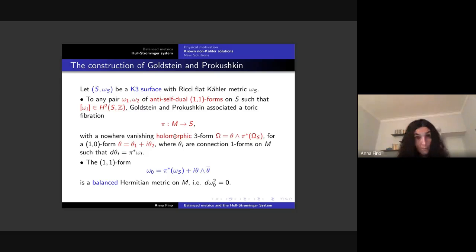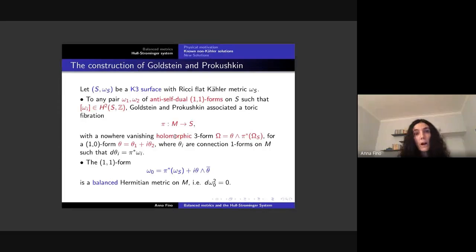So let's review the construction of Goldstein and Prokushkin. We start with a K3 surface S and omega S, a Ricci-flat Kähler metric. Then consider a pair of anti-self-dual (1,1)-forms omega 1, omega 2 on S, such that, here probably I didn't mention 1 over 2 pi, okay, the corresponding classes give integer cohomology classes.